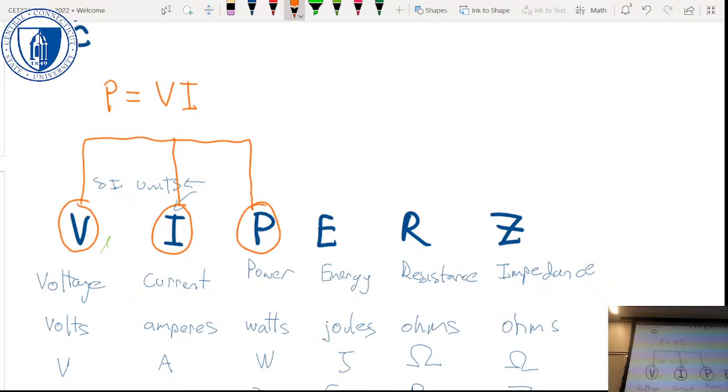The other relationship that we have is V equals IR, which is Ohm's law.